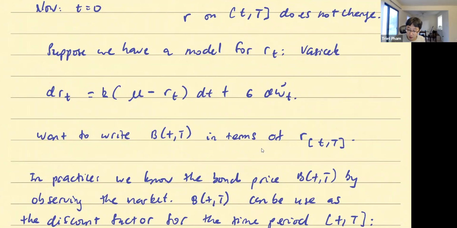We discussed this a little bit when we talked about how to understand the dynamics of an Ito process. When RT is bigger than mu, this term is negative, so it pulls it down. When RT is below mu, this term is positive, so it pulls it up. So the overall effect is that if you have a mu level, then RT will tend to return to mu in the long run.